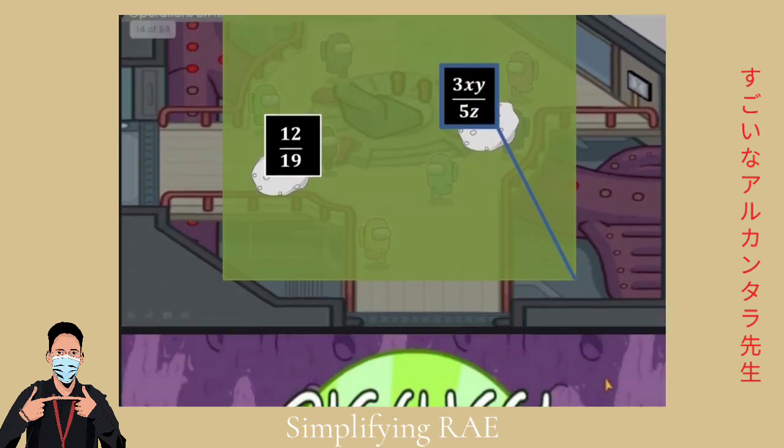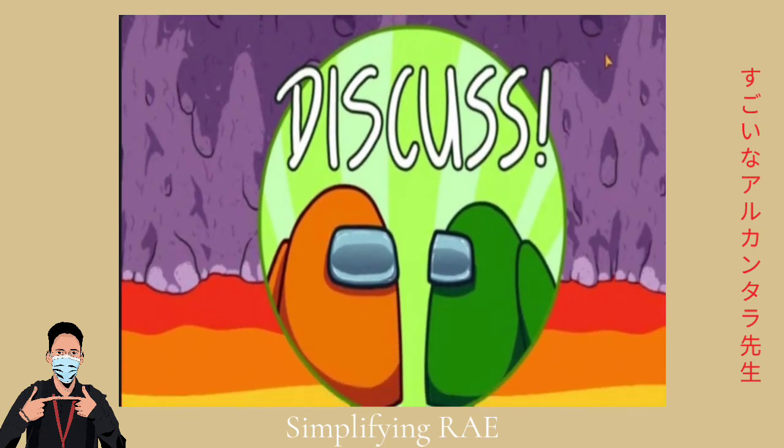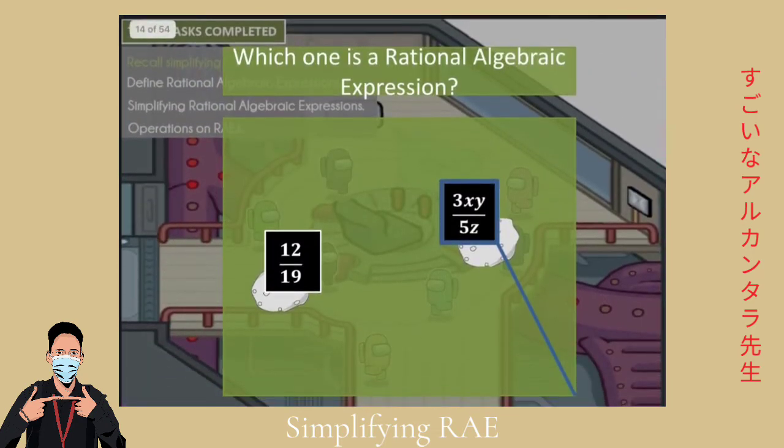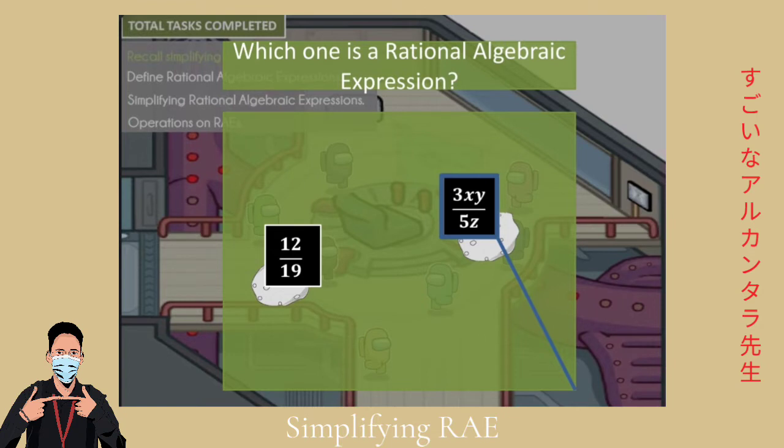So to discuss this better, what makes an RAE an RAE and what makes a fraction? Basically, if we're talking about fractions, it's all about whole numbers in your numerator and denominator. But for RAEs, the situation is this. Your numerator can be an algebraic expression, and the denominator can also be an algebraic expression.